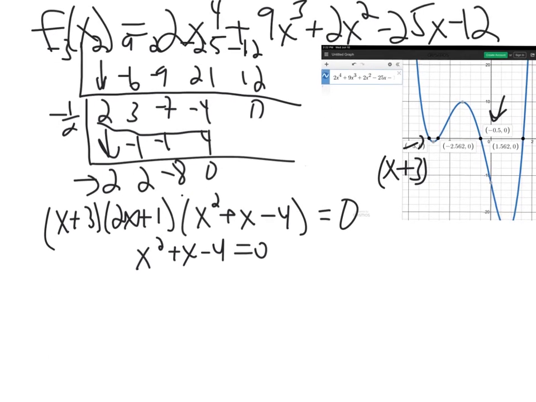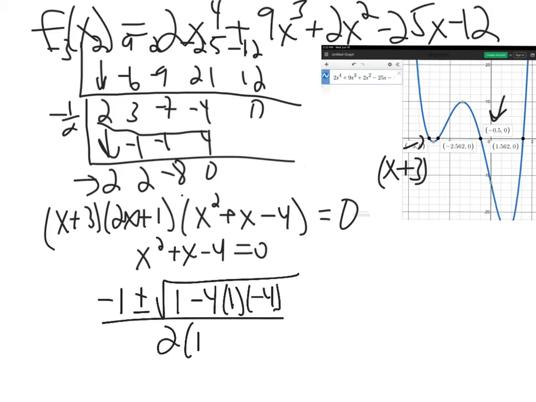I can. And remember the quadratic formula you did back in section 2. So negative b is negative 1 plus or minus the square root of 1 squared minus 4 from the formula times 1 times negative 4 all over 2 times a, which is 1. So that's what x is equal to. So that gives me negative 1 plus or minus the square root of 17 over 2.